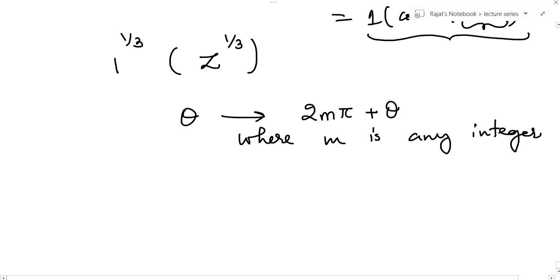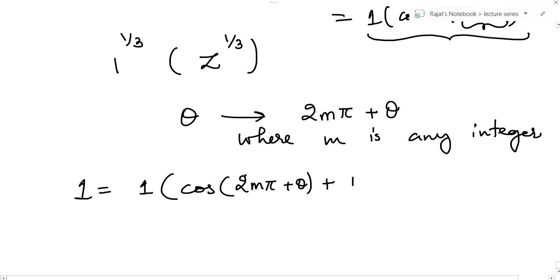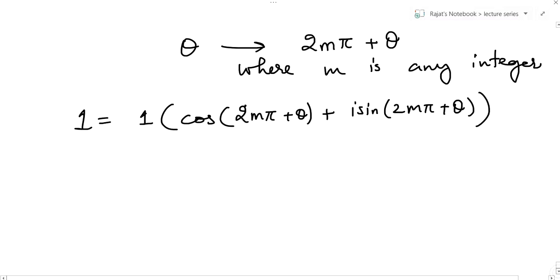You are rotating 4 times, making 4 circles and then coming back to theta, which is essentially the same thing. So I can write 1 as 1 times cos of (2m pi plus theta) plus i times sine of (2m pi plus theta). This is the general expression.